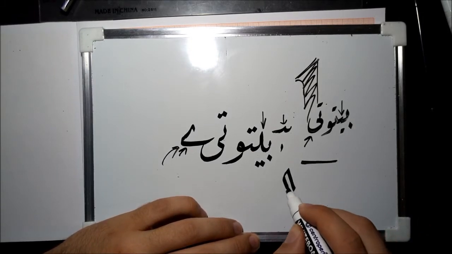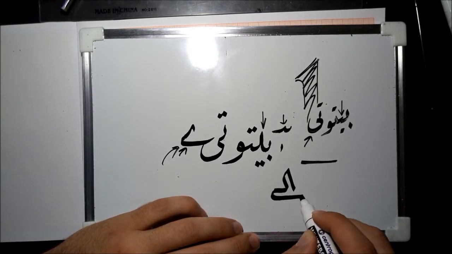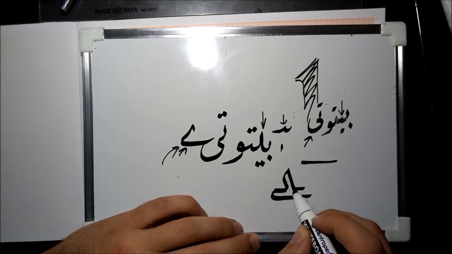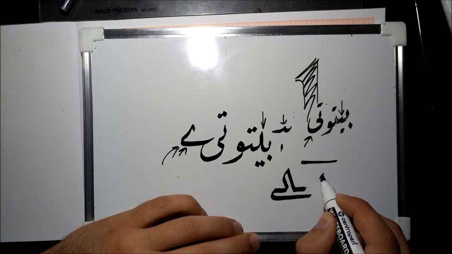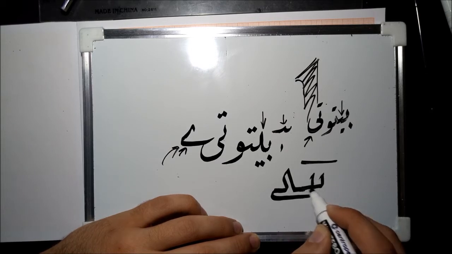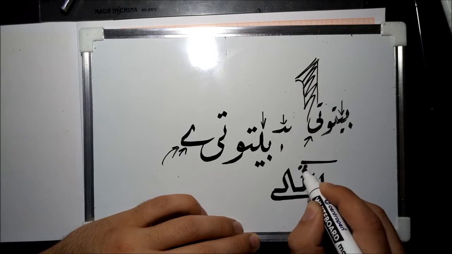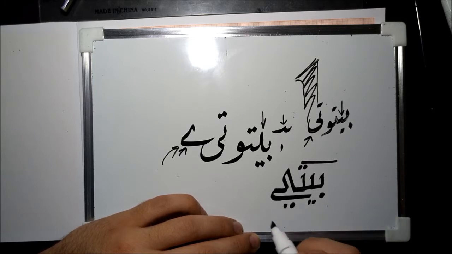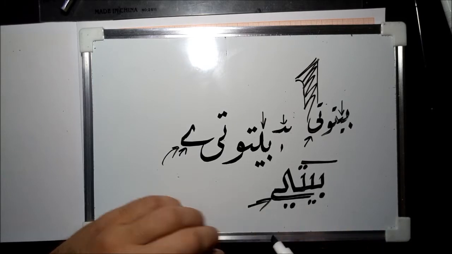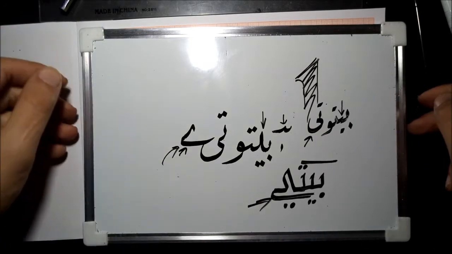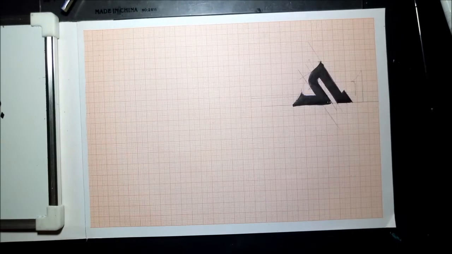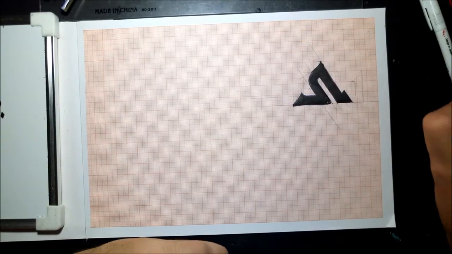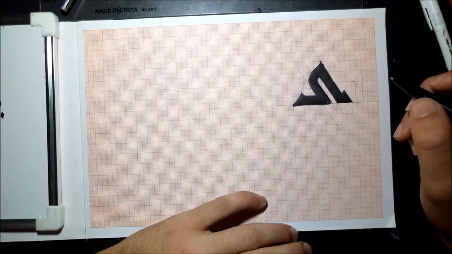You go up, you go down, you either go left or you rotate and come back. So for example, baiti would look something like this: ba, ya, and a ta with a ya. So this is actually the original ya that they used to write with way back at the beginning of Arabic scripting in Kufi.